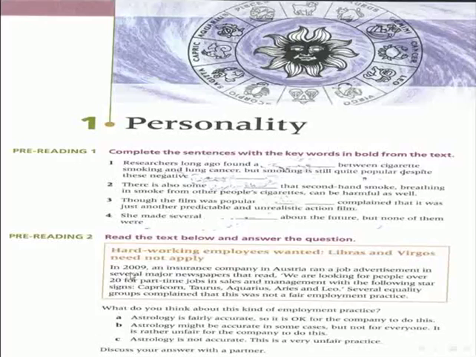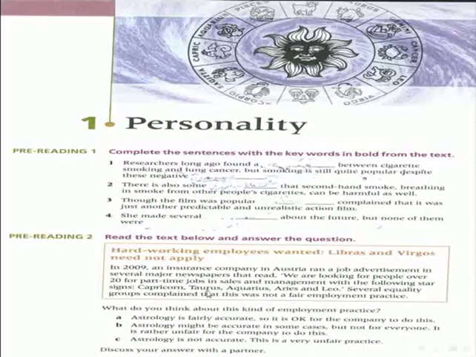The text. In 2009, right, an insurance company in Austria ran a job advertisement in several major newspapers that read, "We are looking for people over 20 for part-time jobs in sales and management with the following star signs," right?